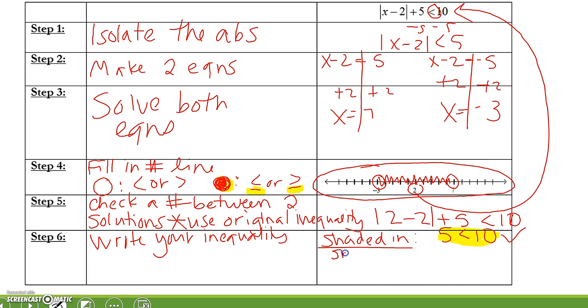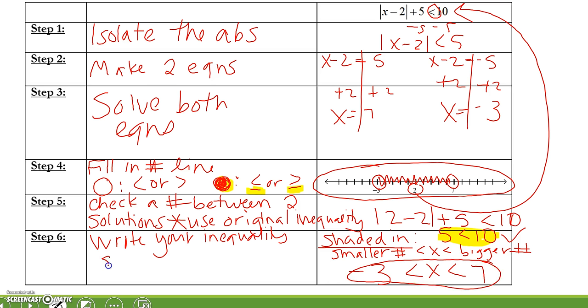What you do is you put the smaller number, or the smaller answer, then you do less than x and less than the bigger number. And your inequalities will always face that way as long as you put the smaller number first. So in this case, my smaller answer was -3. I do less than x, less than, and my bigger answer was 7. So that is the other half of the points.